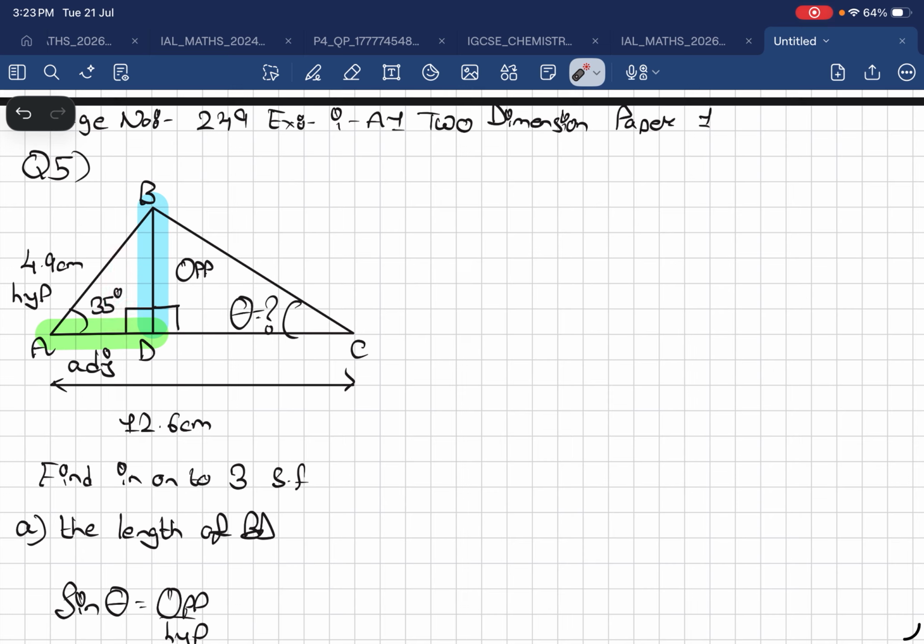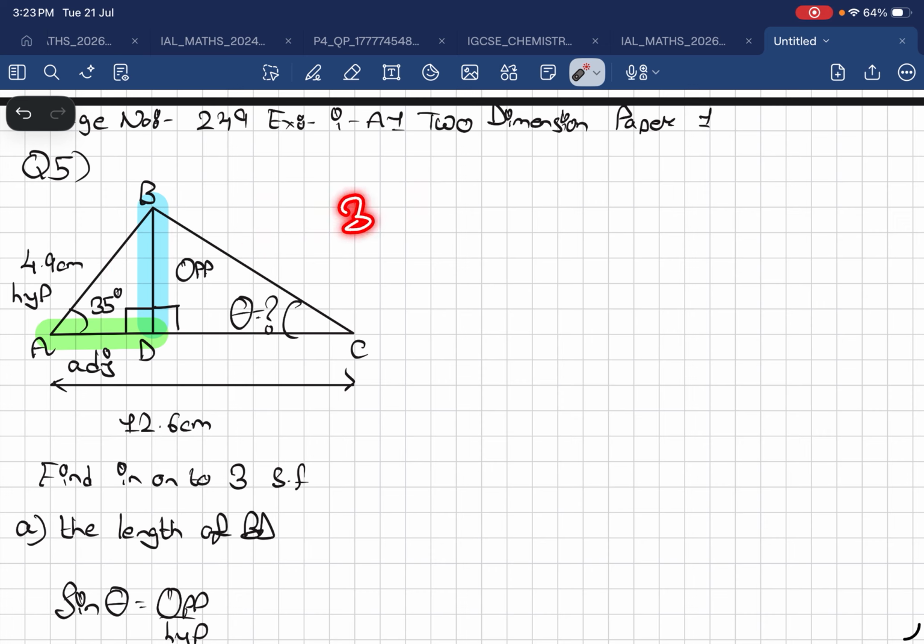It is also okay, but in our question the sides and the angle are already given.